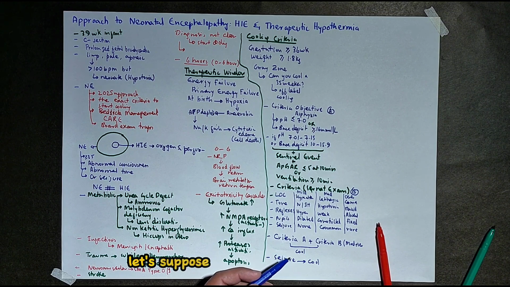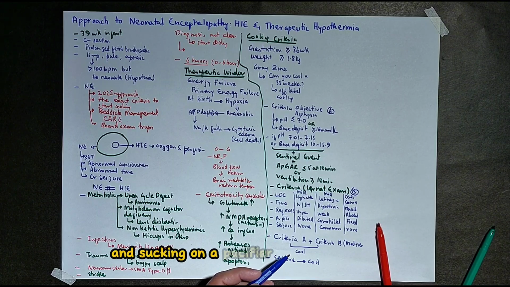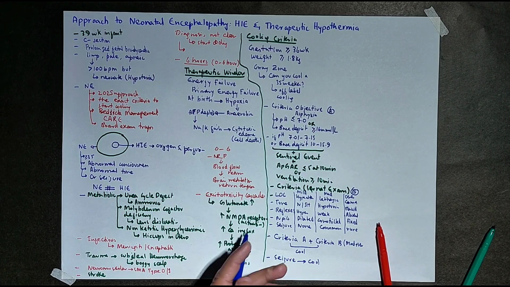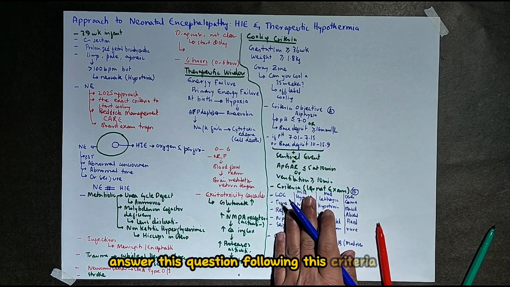Let's suppose I ask you a question: a baby has a pH of 6.9 but is alert, active, and sucking on a pacifier at 1 hour of life. Do you cool? Answer this question following this criteria.